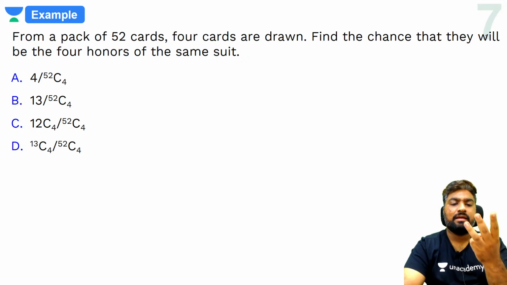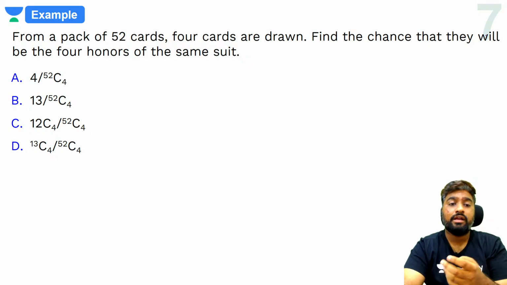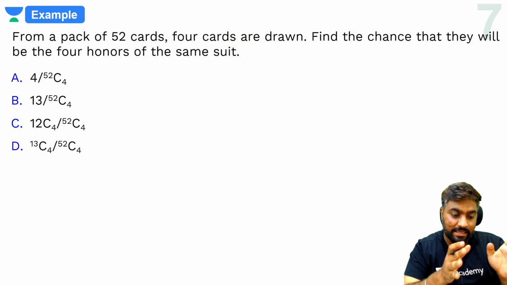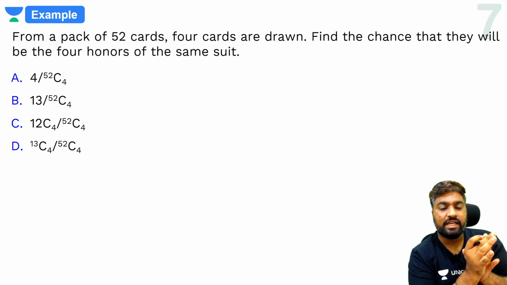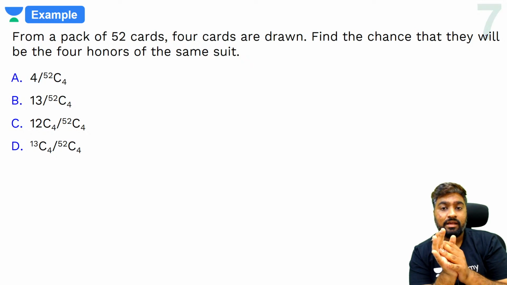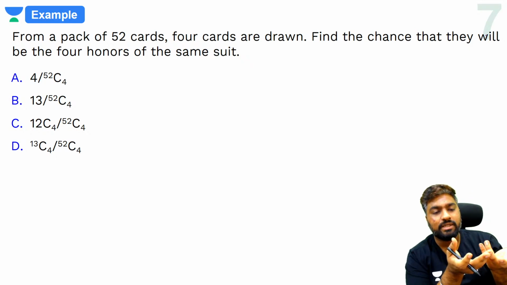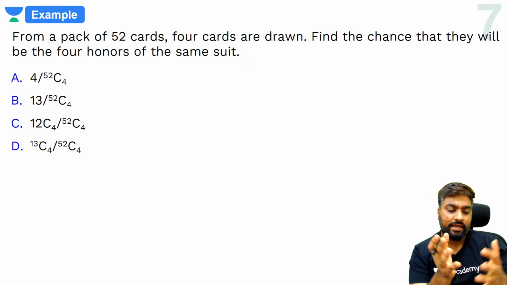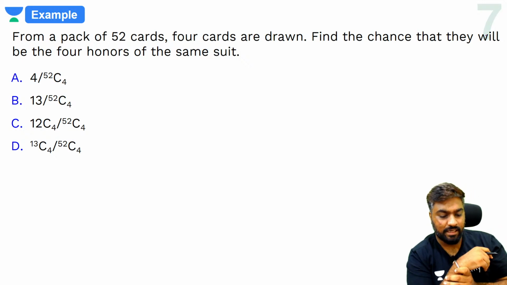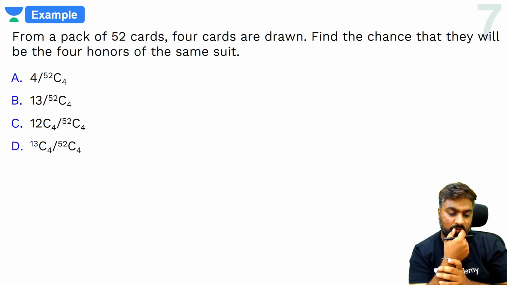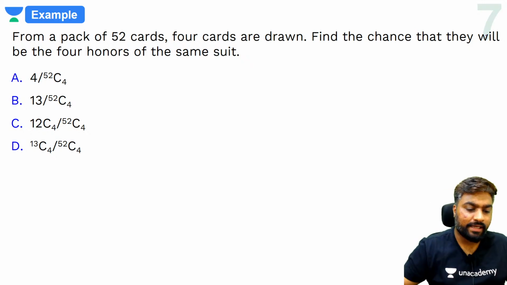Heart, club, diamond, spade, or it could be diamond, club, heart, spade, or it could be club, diamond, spade, heart. 24 such possibilities. इतने सारे possibilities में, 52C4 possibilities में there are 4 factorial arrangements possible. इसीलिए ठीक है मेहर. Superb. Chalo, next. Quickly try this one, guys.